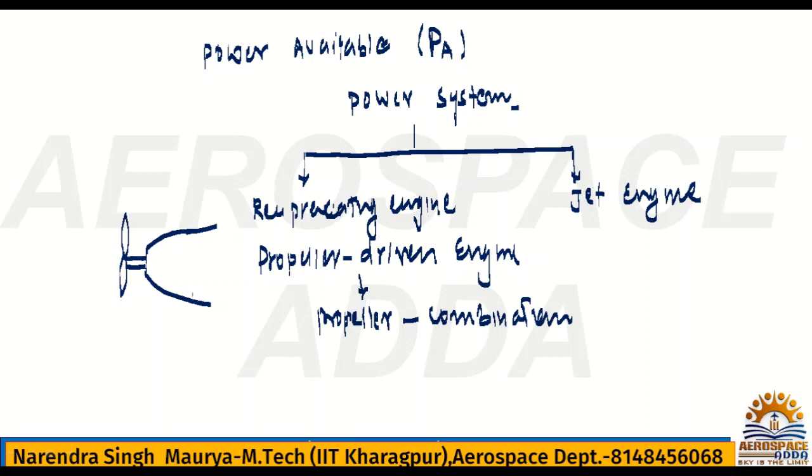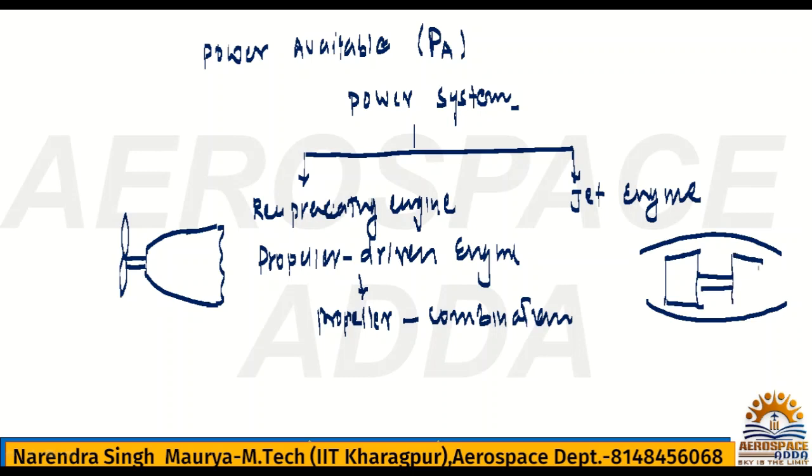This is the propeller combination, and this is the jet engine: compressor, combustion chamber, and turbine.